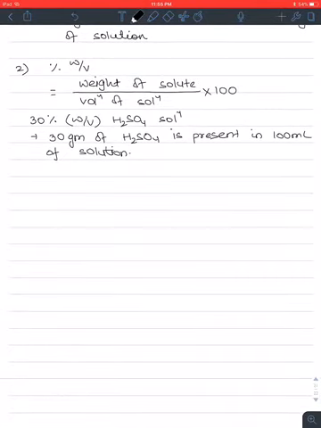Numerator is always for solute, denominator is for solvent. Sorry, denominator is for solution. So percentage weight by volume means weight of solute by volume of solution into 100.